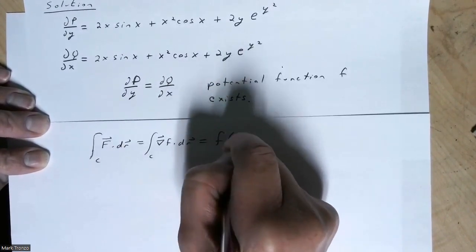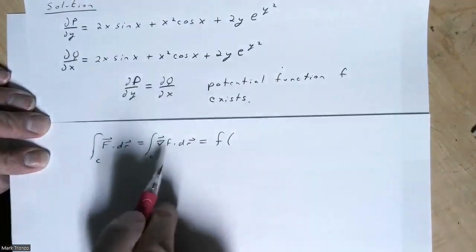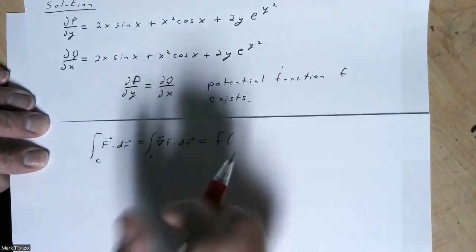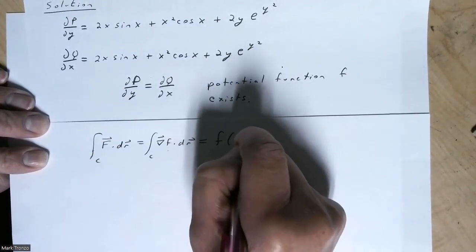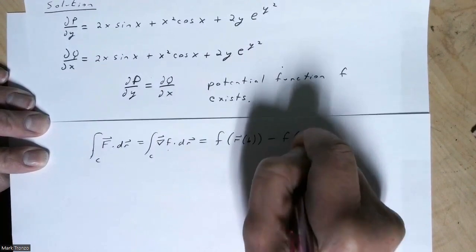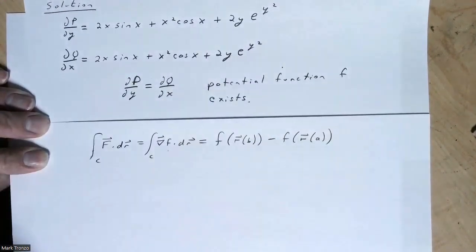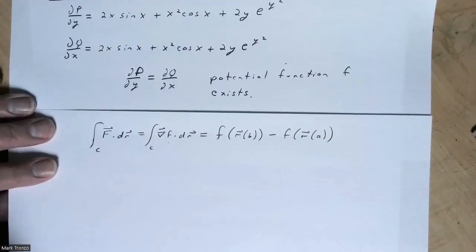And usually this is going to be equal, by the fundamental theorem, once we find our potential function, to our endpoint minus our starting point put into our potential function.